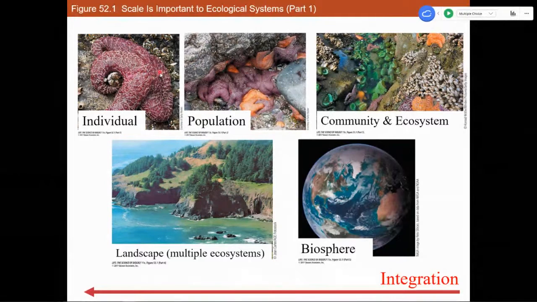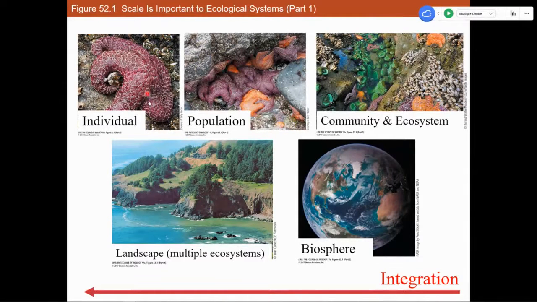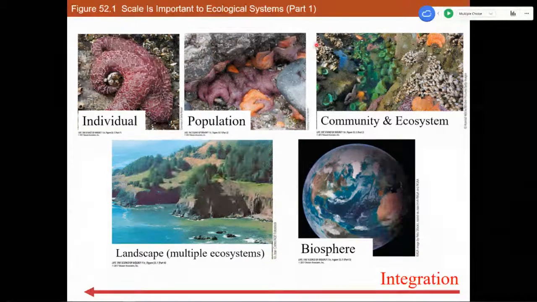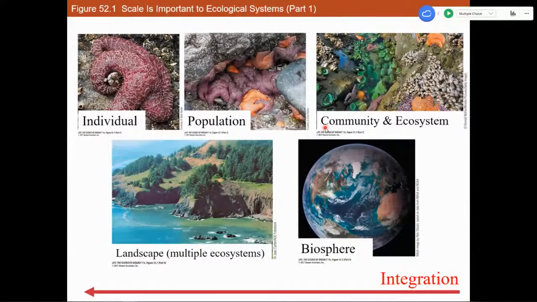At the lower level, we have the individual organism, the sea star living on a rocky shore. They are part of a population. On that rocky shore, there are other sea stars that they can interact and potentially breed with. And on that same rocky shore, that population of sea stars is part of the community.